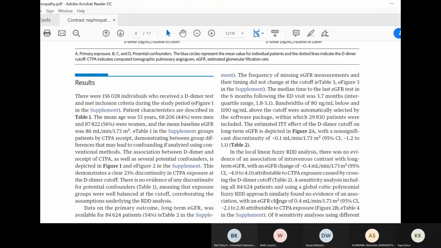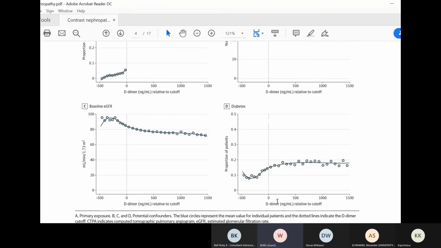The median time for the last GFR was 6 months following the emergency department visit, with a range of up to 3.7 months. The estimated effect of the D-dimer cutoff on long-term GFR is depicted in figure 2A.